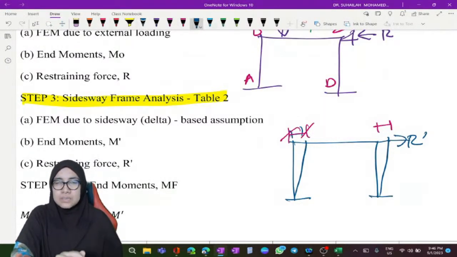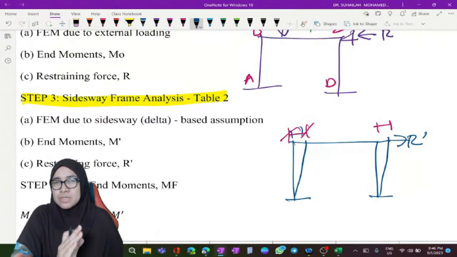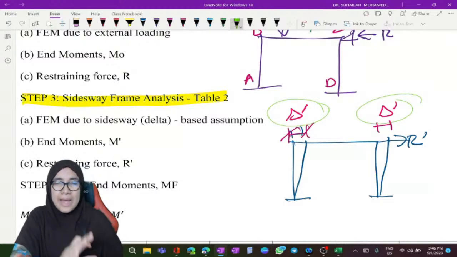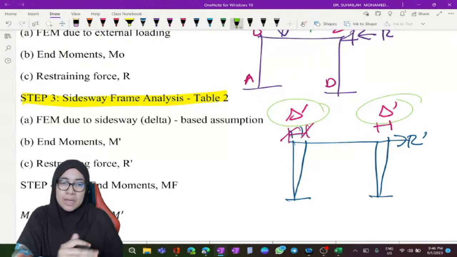If the beam is a horizontal member, delta is vertical. Now the frame has vertical members, the columns, so the delta is horizontal. This is delta prime, and we assume these two have the same distance, so both are delta prime.